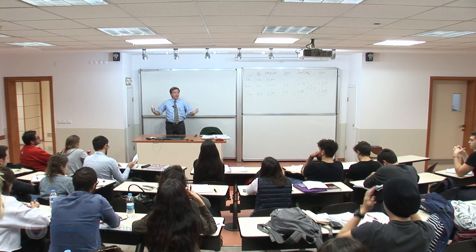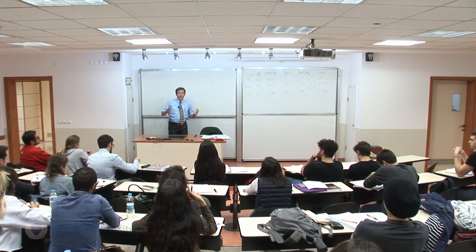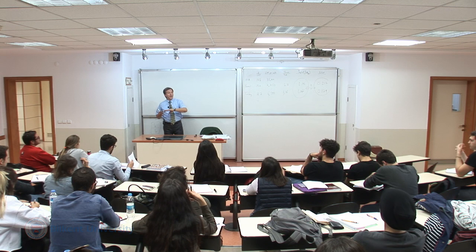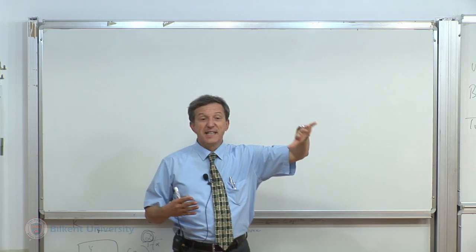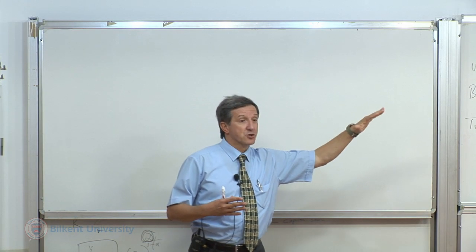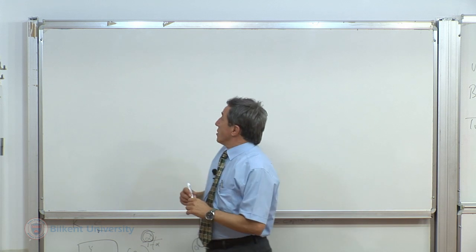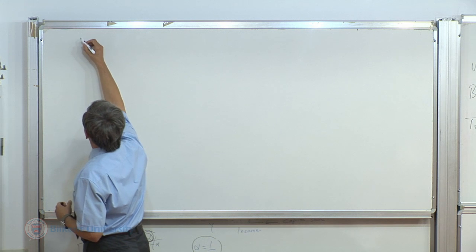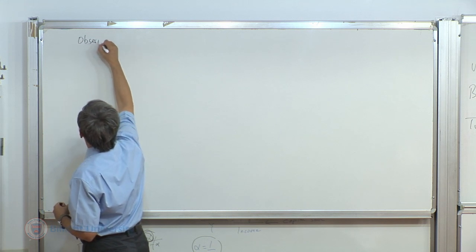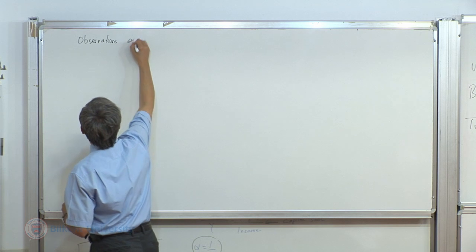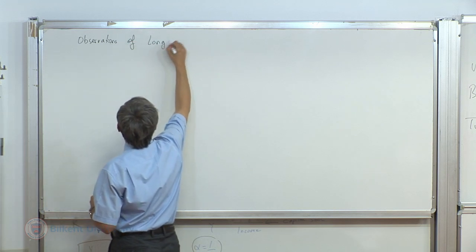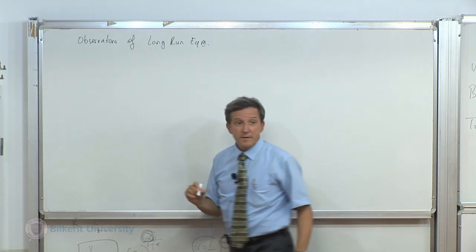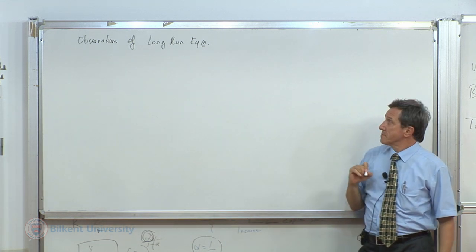What are the adjustment mechanisms that a market economy goes through to achieve a long-run steady state, that is, long-run harmonious equilibrium? And to do so, we need, first of all, observations of long-run equilibrium. That is, what are we trying to explain?